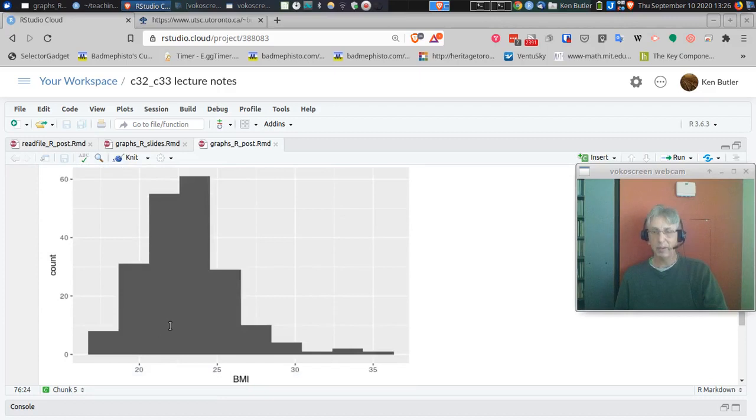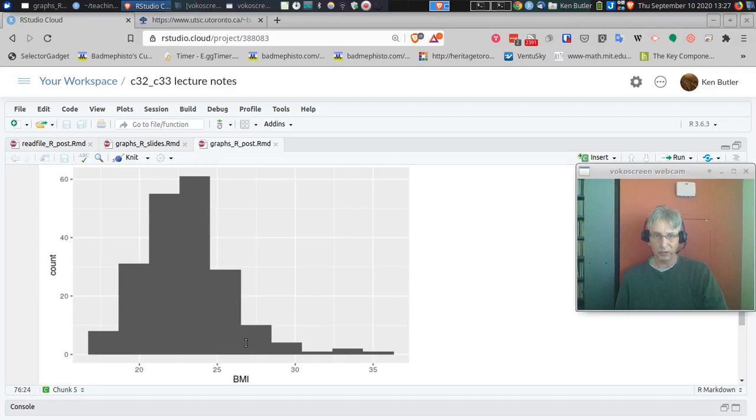And as you remember from drawing a histogram by hand, which you did back at the beginning of B22 or someplace like that, what you do is you divide the values up into intervals, and you count how many observations there were in each interval. So there were 1 or 2 athletes who had a BMI over 30, it was 1 and 2 and 1, I guess that's 4. There were some athletes who had a very small BMI under 20, but most of them were kind of in here around 23, 24.